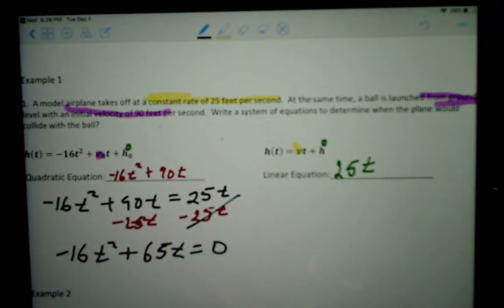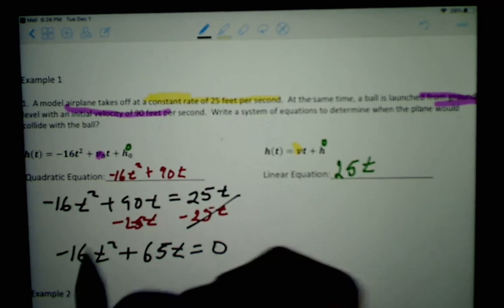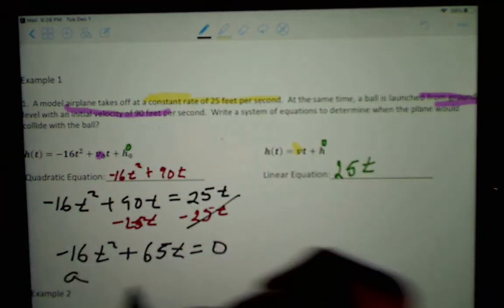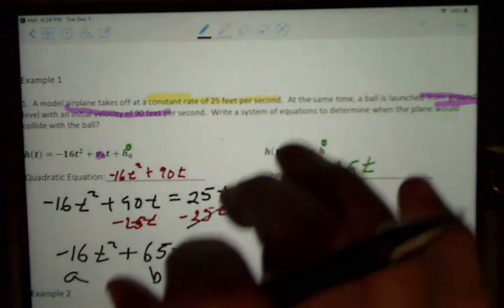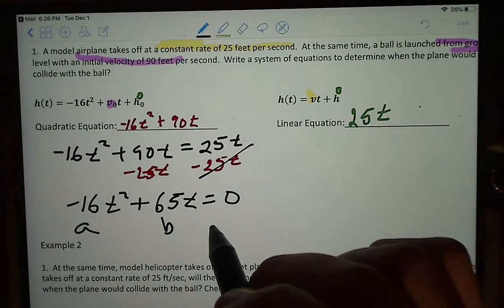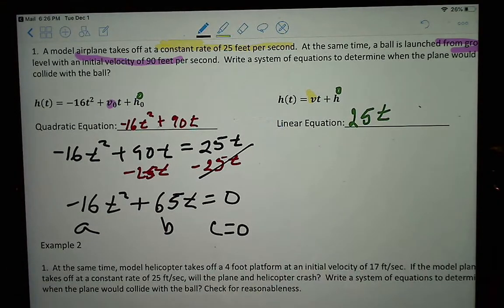So now I can actually solve this. And there's a couple ways you can solve this. I'm going to stick to doing quadratic formula just because that's what we've been working with. And what's nice is that this is A, and this is B, and I actually don't have a C in this case. So C would actually be 0 in this case.